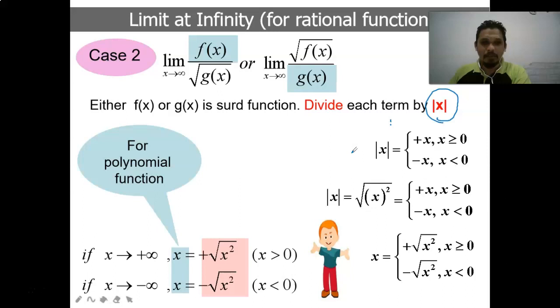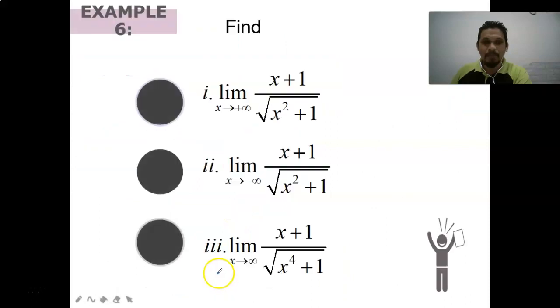For polynomial functions, as x approaches positive infinity, x is positive for the square root of x squared. Let's check the solutions one by one.